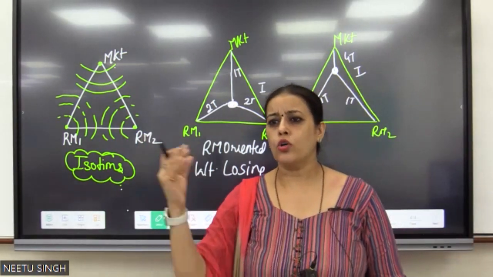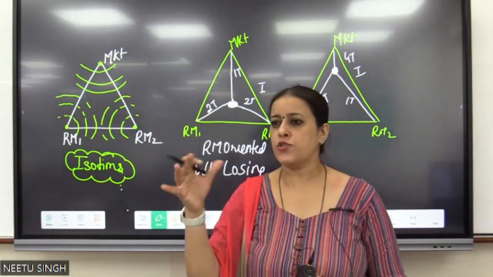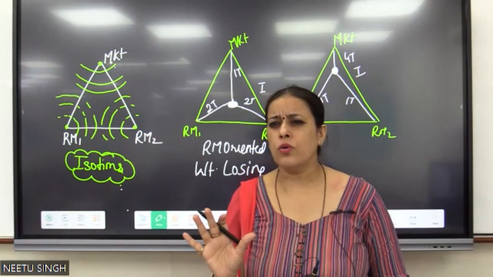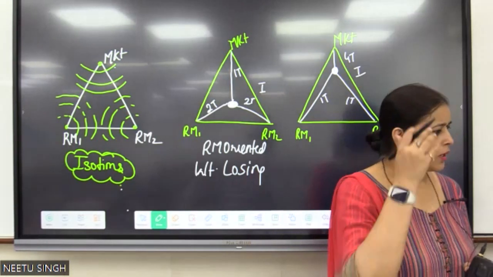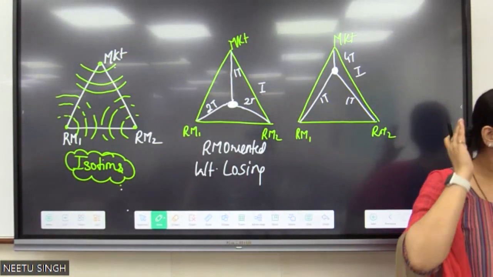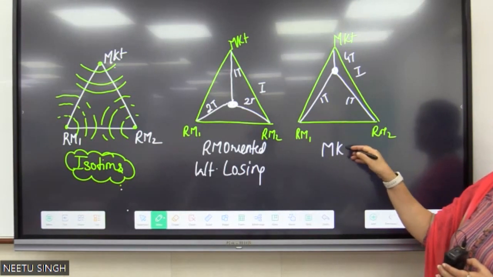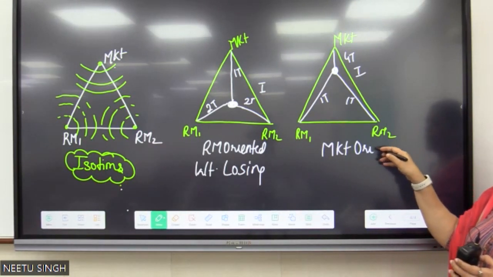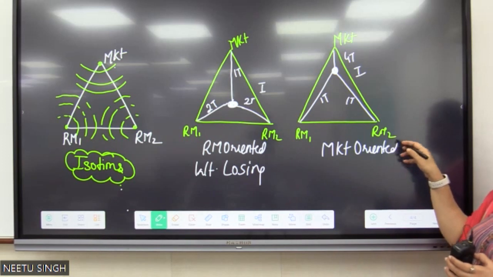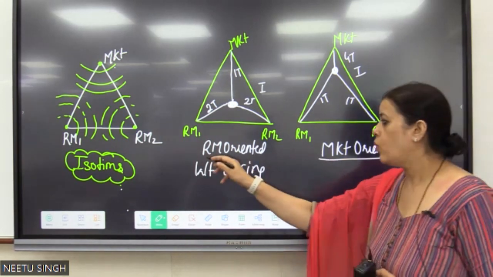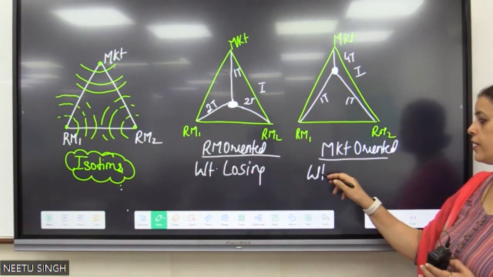Assemblage, auto components assembled as an automobile. Come on, what will be the least cost location? It will be a market oriented industry. And why will it be market oriented? Because it is a weight gaining industry.